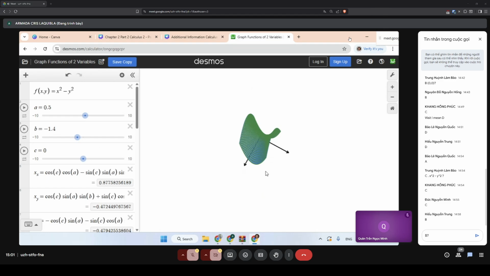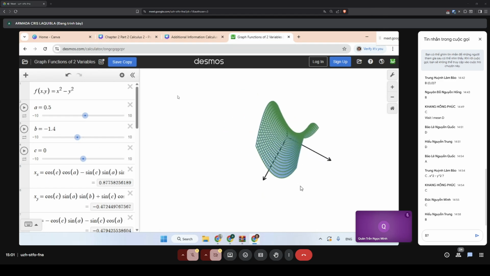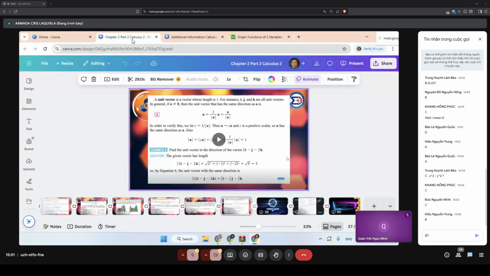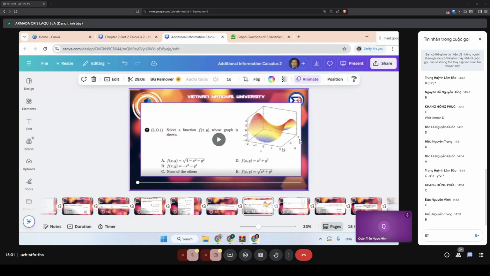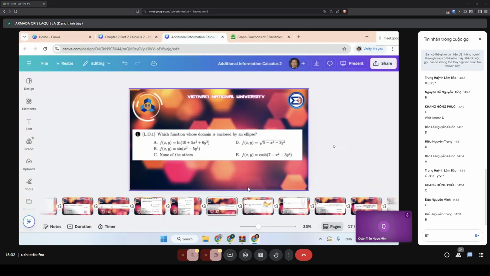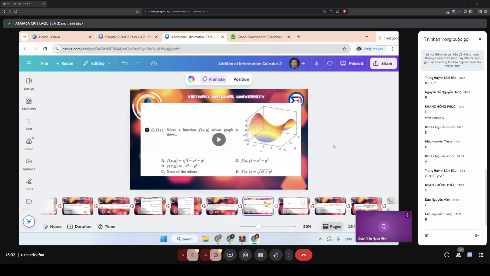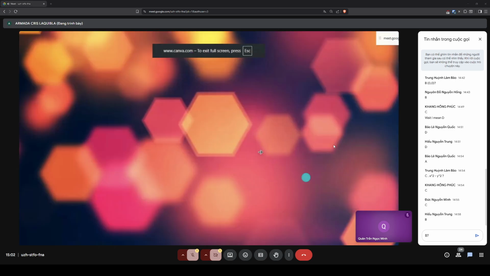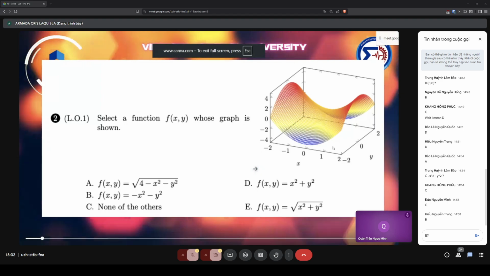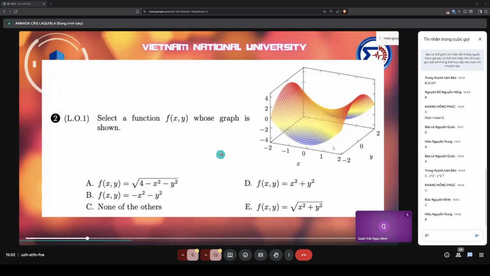If you have this rotation, look at the form. It's very near this graph, right? That figure is almost the same as this one. That's probably the answer, x squared minus y squared. And it's not listed, so you have to answer letter C.